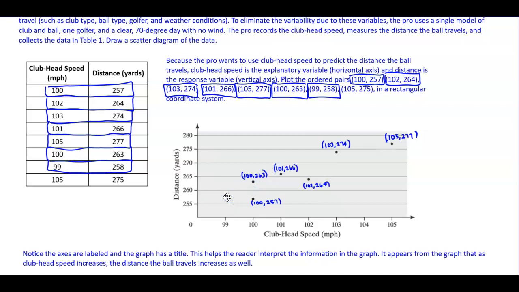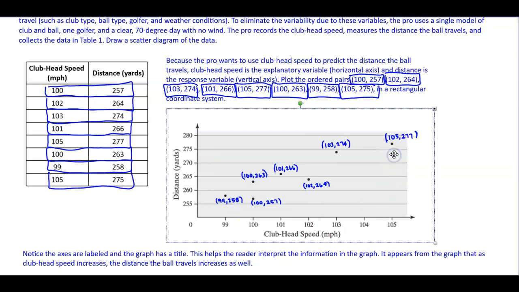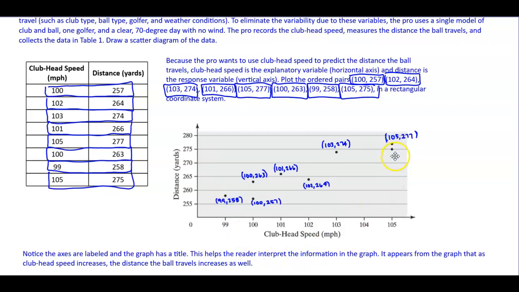So over here we have our 99 and 258 ordered pair. And then the last one is 105, 275. So there is 105 and then 275.